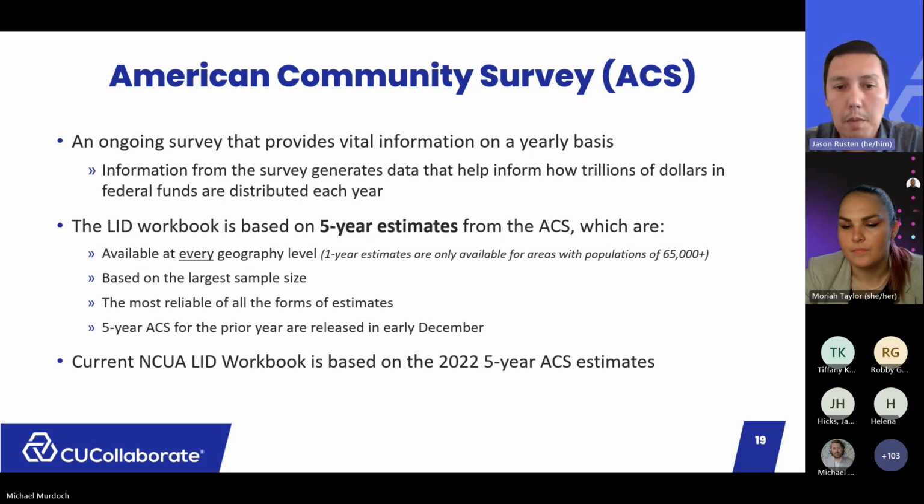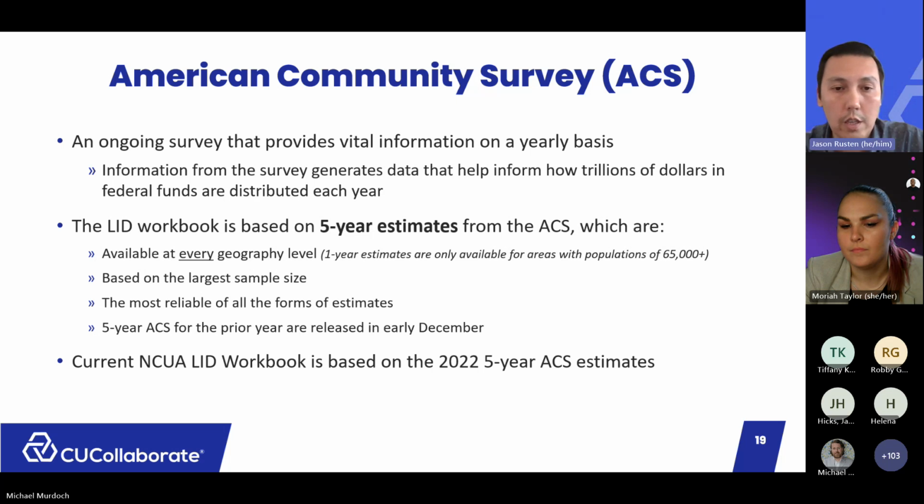In terms of the timing for the release of the ACS, the 5-year ACS comes out every December for the prior year. So in December of 2023, the Census Bureau released the 2022 5-year ACS estimates, which were collected over a 5-year period that ran from 2018 through 2022.